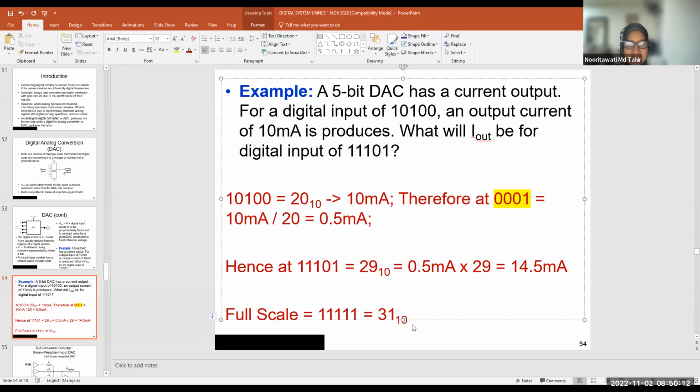So bila semua high, you will get 0.5 milliamp times 31. 31 times 0.5, it's 15.5 milliamp.